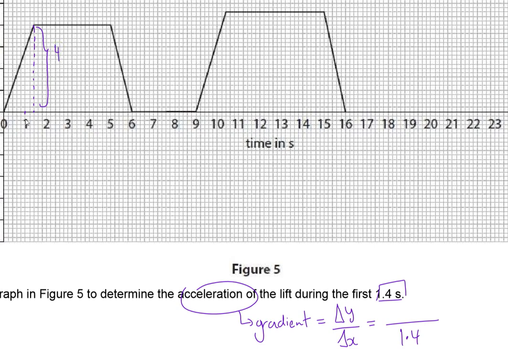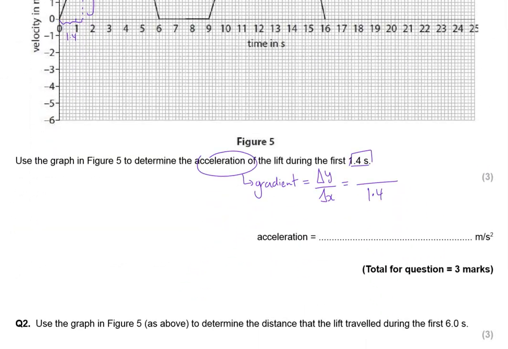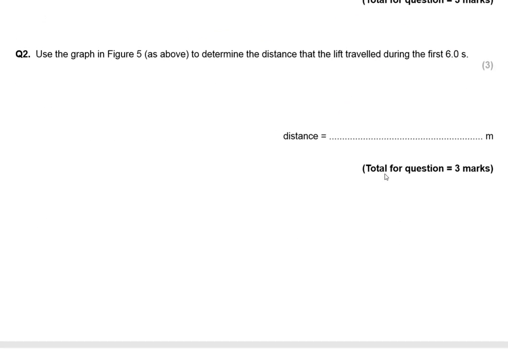The change is 4 and the x is 1.4 in this case. Let me zoom out so I can put the answers there. So 4 over 1.4, and the answer is 2.9. I'll just do it to 1 decimal point in this case.